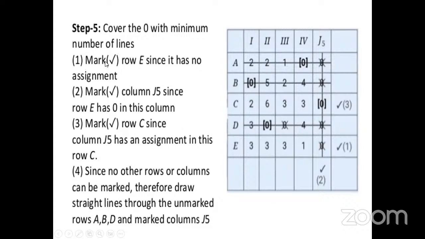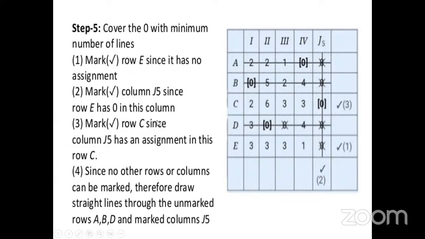That is, mark a tick row-wise for E since it has no assignment. Here it is marked, the first one. Then in this row, wherever you find a zero, you make a tick column-wise. Mark tick column J5 since row E has 0 in this column. Sometimes you may have 2 zeros also. Then for both columns, you need to make a tick mark.